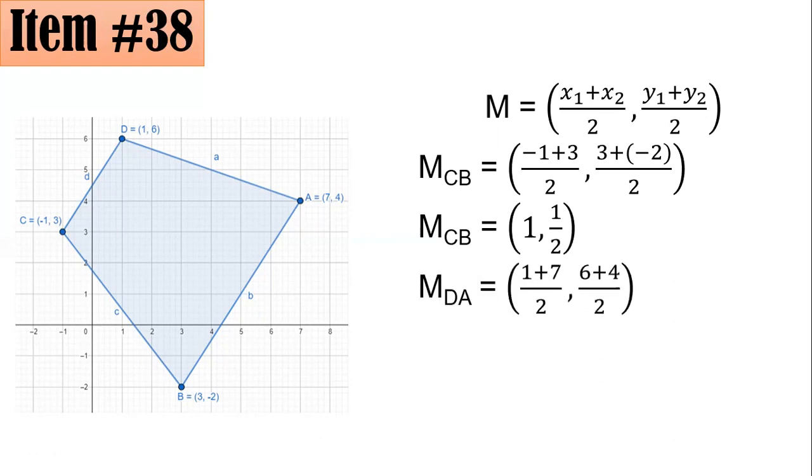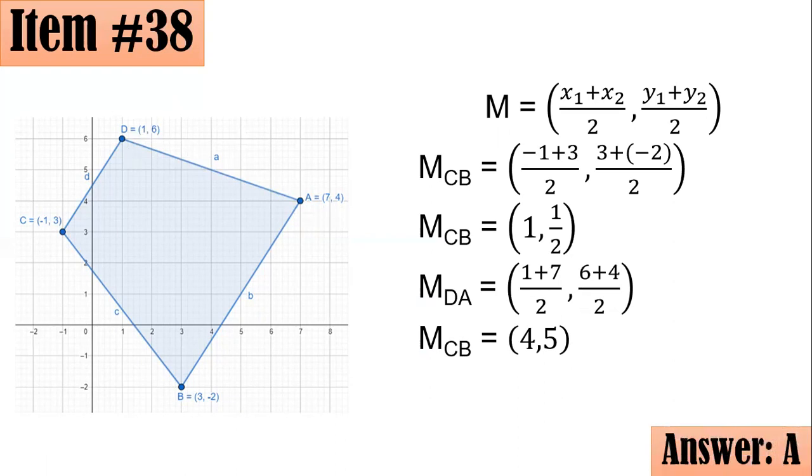And for DA, that would be 1 plus 7 divided by 2, and 6 plus 4 all over 2, which simplifies to the point (4, 5). Hence, it's letter A: (1, 1/2) or (1, 0.5), and (4, 5).